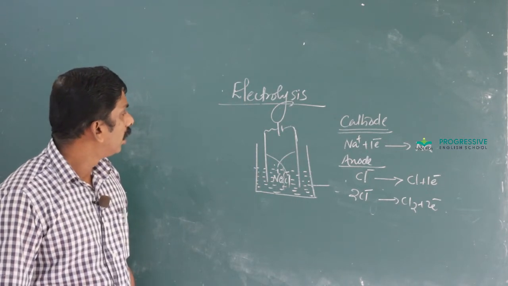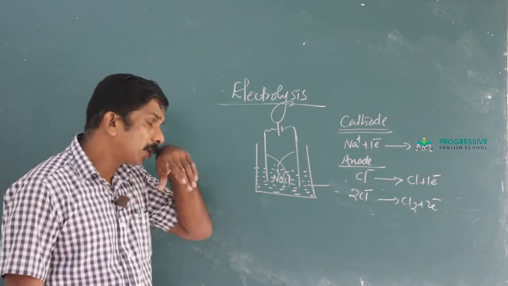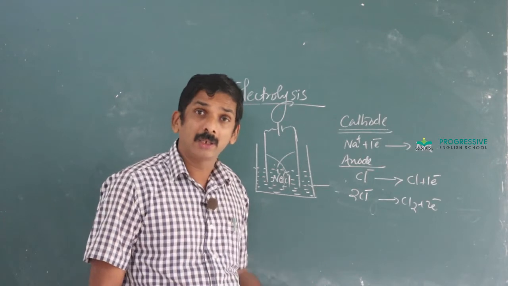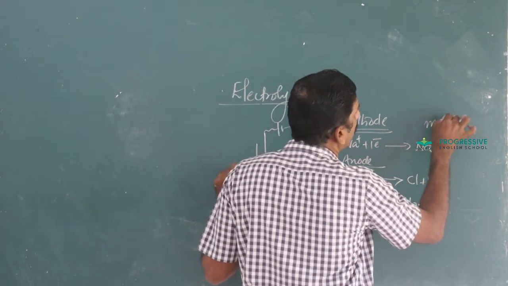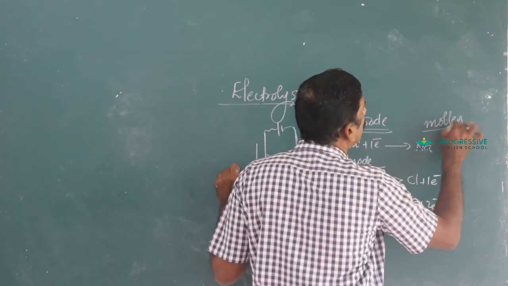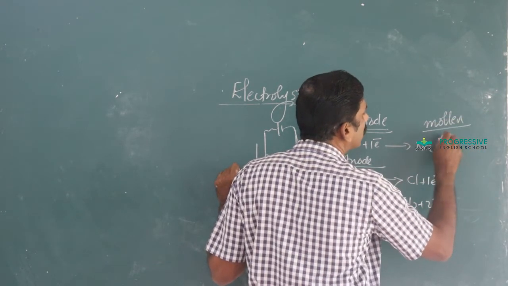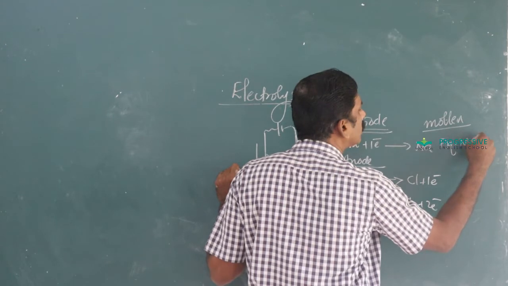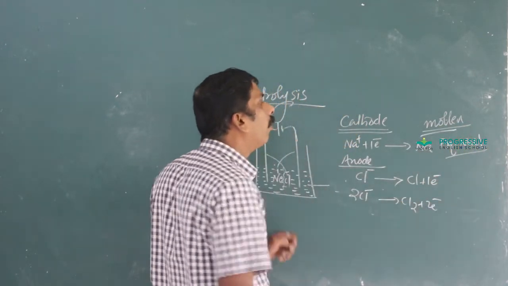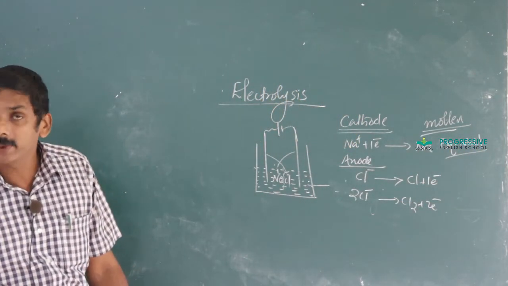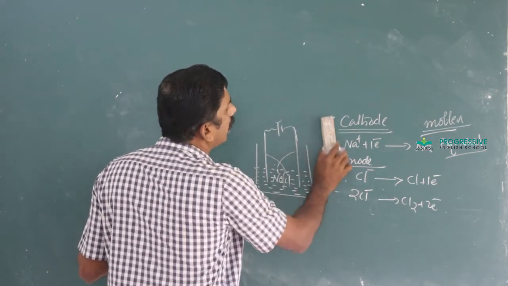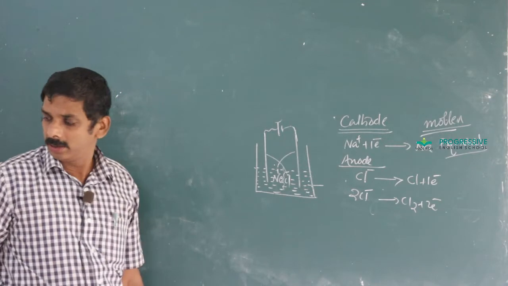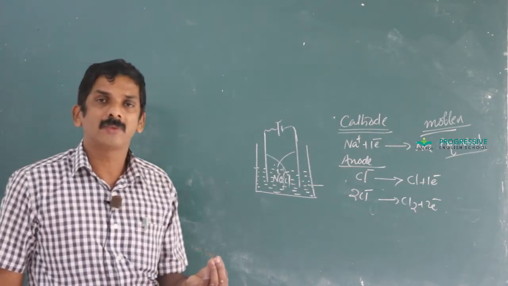Then, is there any difference in the electrolysis of molten sodium chloride as well as aqueous sodium chloride? Molten means melt.